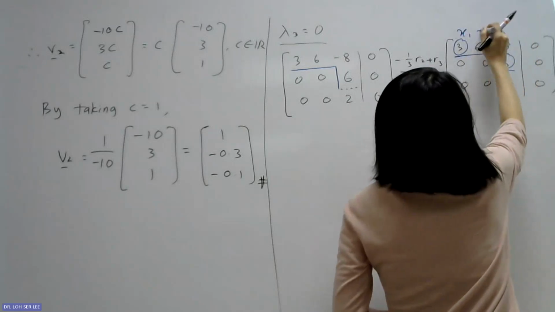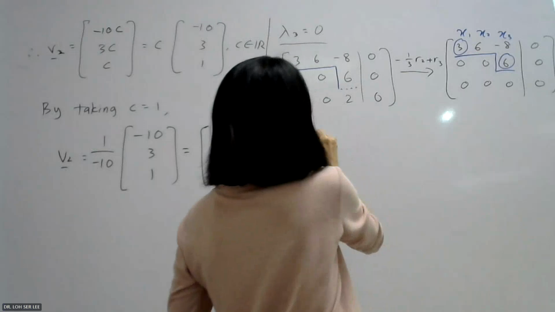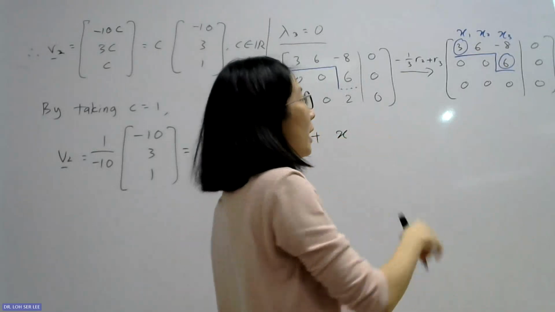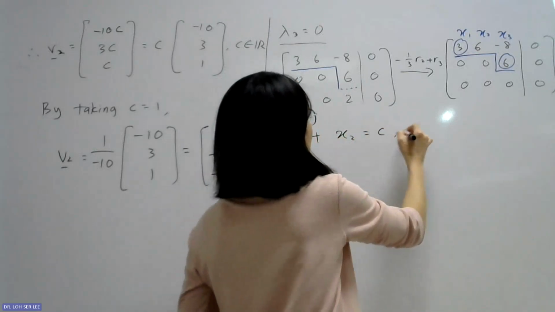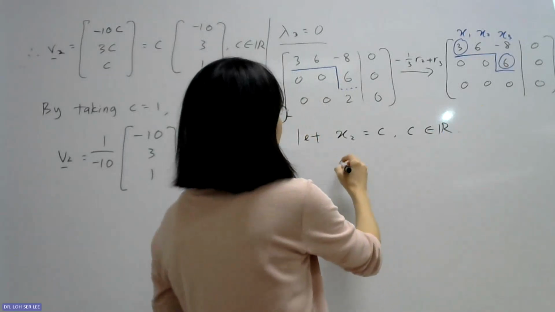X1, x2, x3. Which one is free? X2. X2 is free. Okay. So backward substitution.